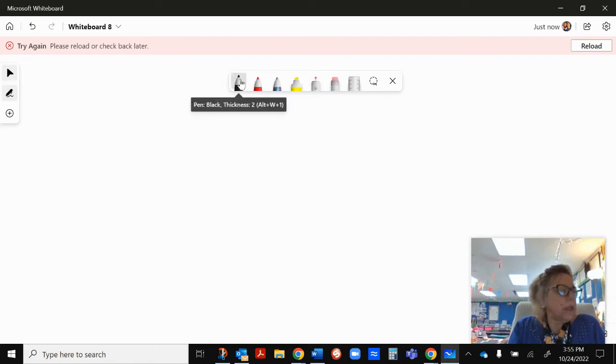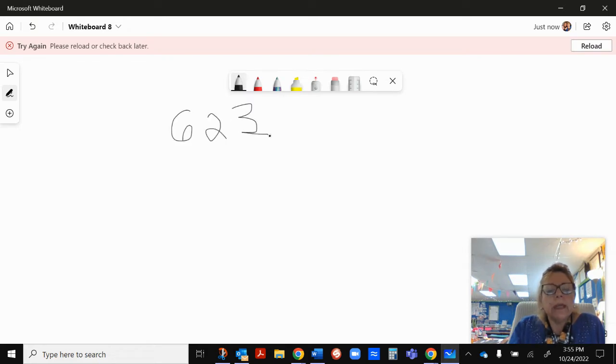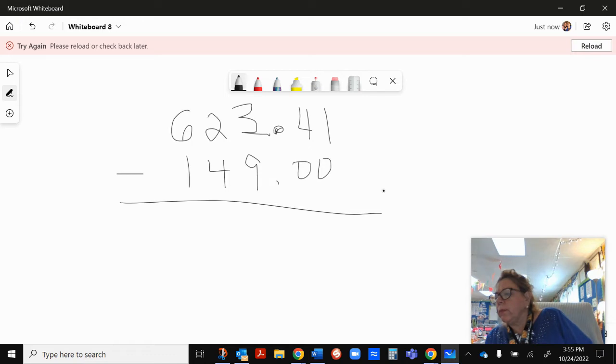Okay, so here's my pens. So I'm going to write out $623.41. I'm going to subtract out $149. It's kind of hard to write on the board. I don't know where my stylus is at. Oh, here we go.